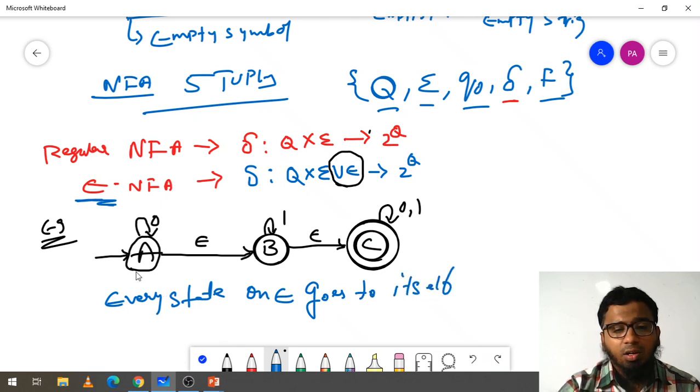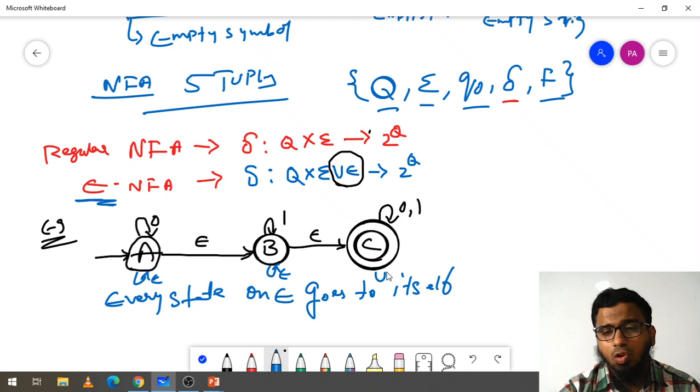Here it is not written, but this is also epsilon, this is also epsilon, this is also epsilon. What does it mean that every state on epsilon goes to itself? That means every state has something, like you can write here 0 comma epsilon. Like this it is telling every state on epsilon goes to itself.